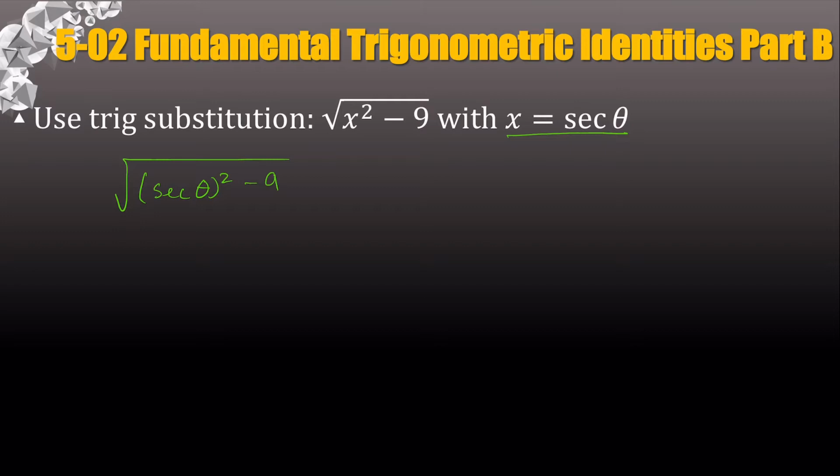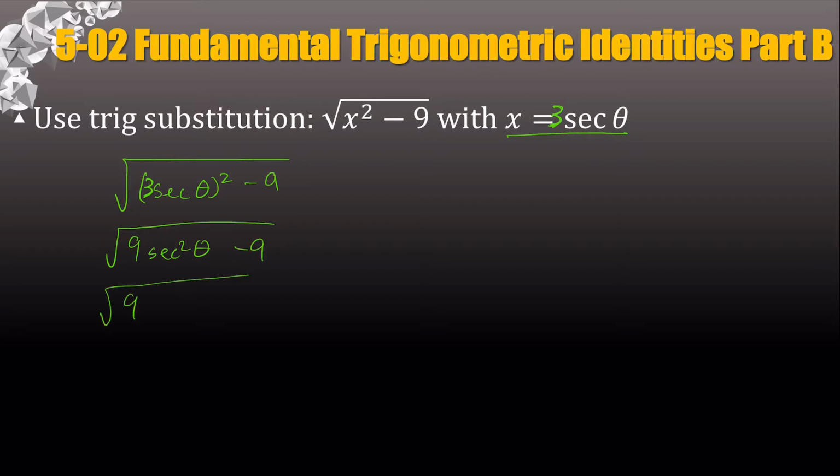Okay, but I wrote the problem wrong again. This should be 3 times secant theta. So 3 times secant theta. Sorry. So that'll become 9 secant squared theta minus 9.